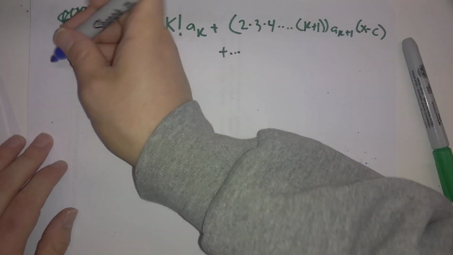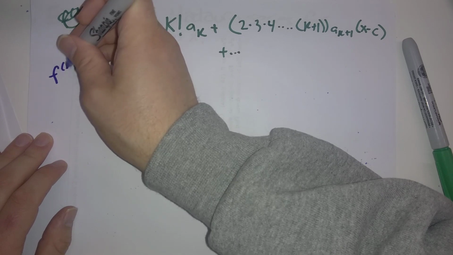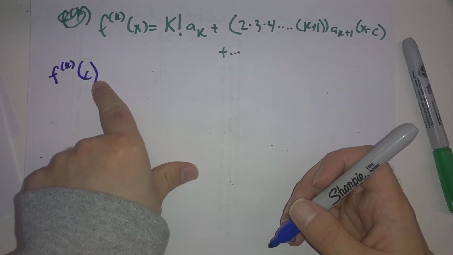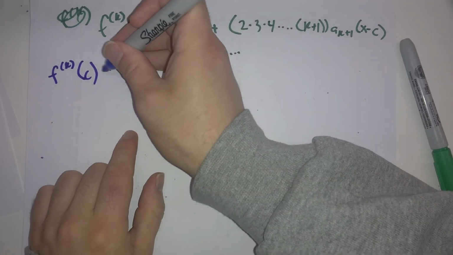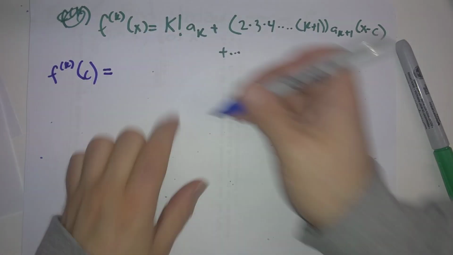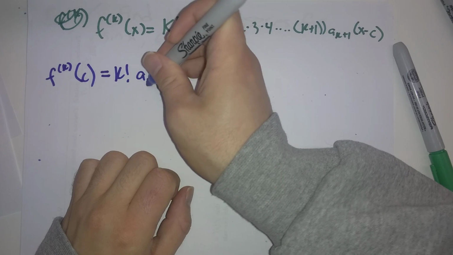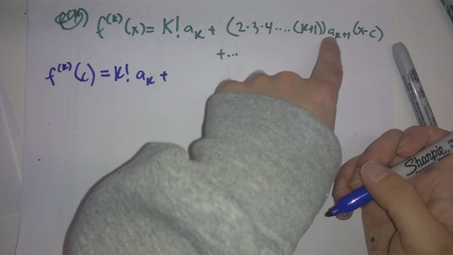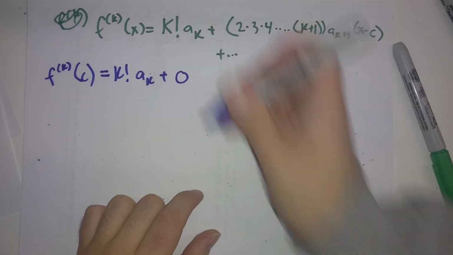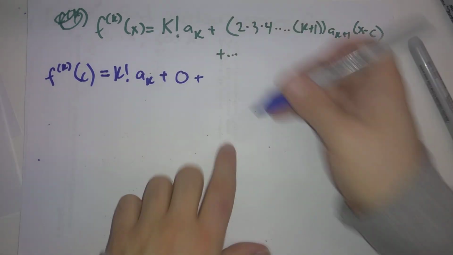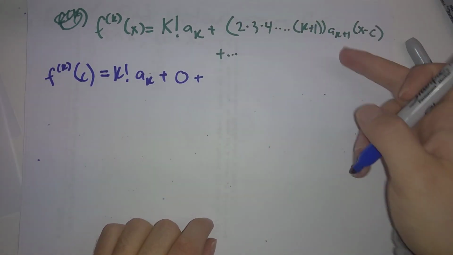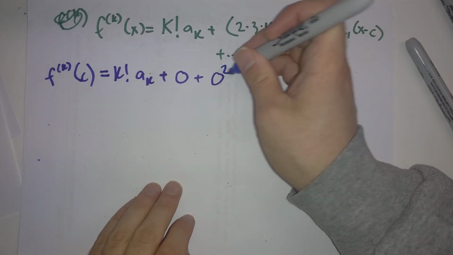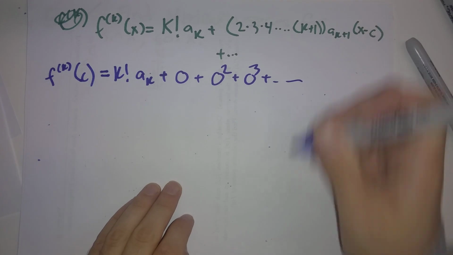What happens when we plug in c for x here? We get k factorial times a sub k, plus something times 0, plus something times 0 squared, plus 0 cubed, plus dot dot dot.